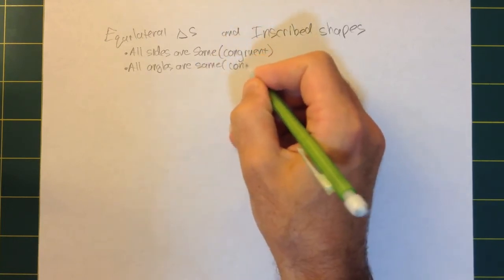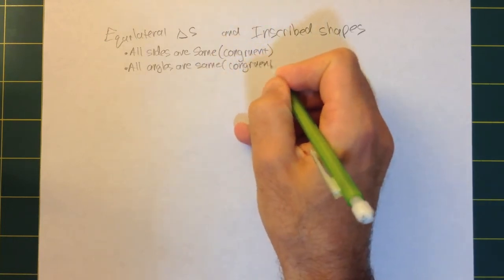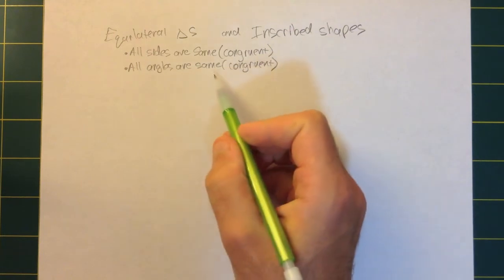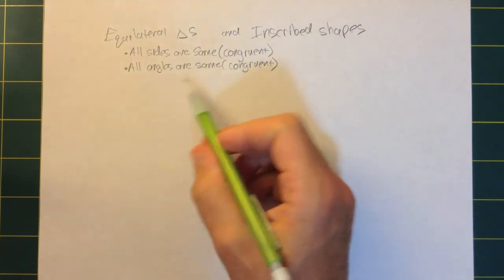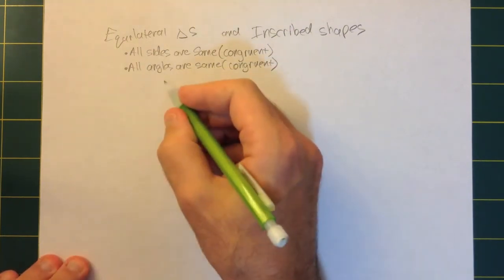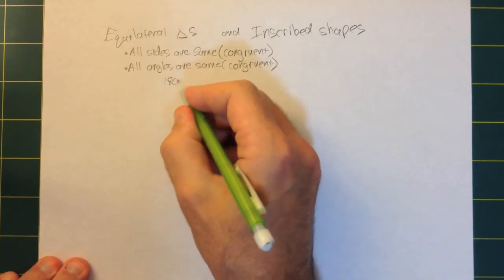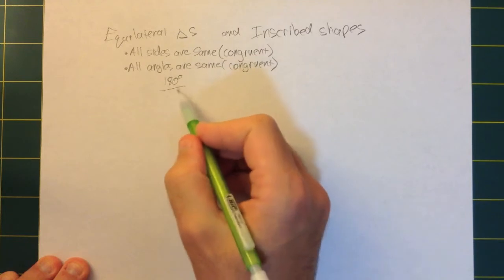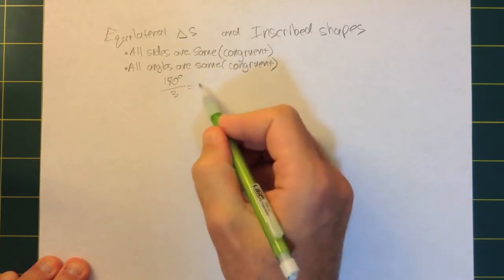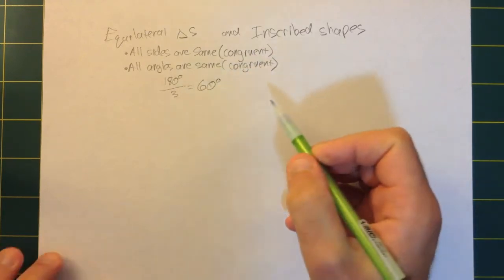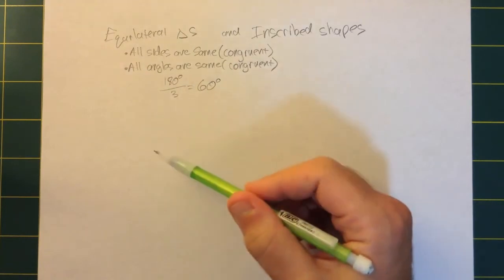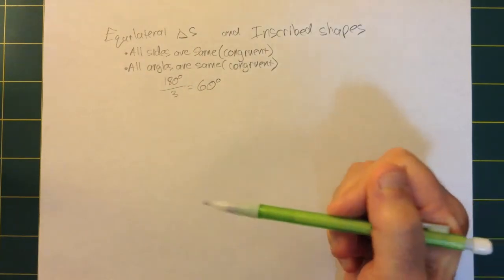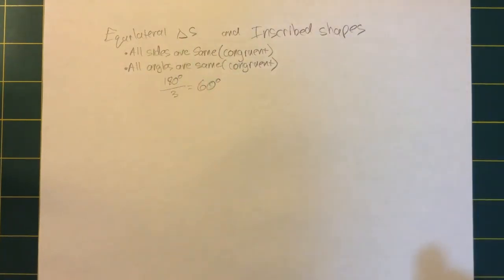They're all congruent to each other. We can expect what those angles are going to be because we know that the angles in a triangle add up to 180 degrees. There are three angles and they're all the same, so we can take 180, divide it by 3, and get 60 degrees. And we should expect when we do our construction that we end up with a triangle where every angle is 60 degrees because that's what an equilateral triangle is.